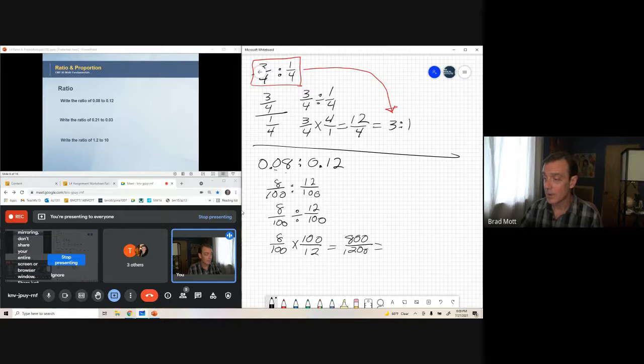Take 100 out of both of those to get down to 8/12. Simplify it even further. 4 goes into 8 twice, and 12 3 times, which gives us the ratio of 2 to 3. So the ratio of 0.08 to 0.12 is 2 to 3, is how we would answer that verbally.